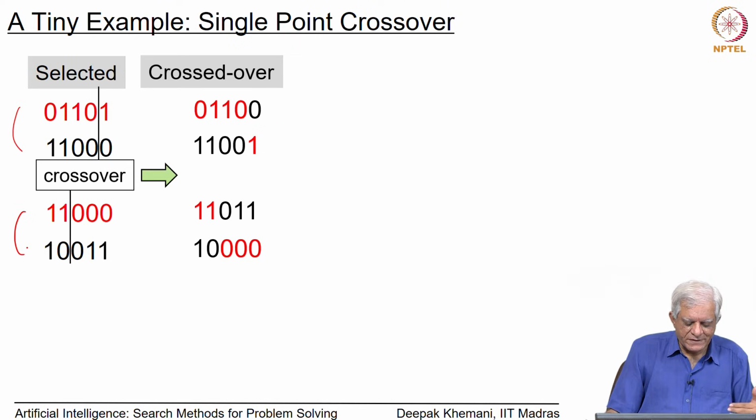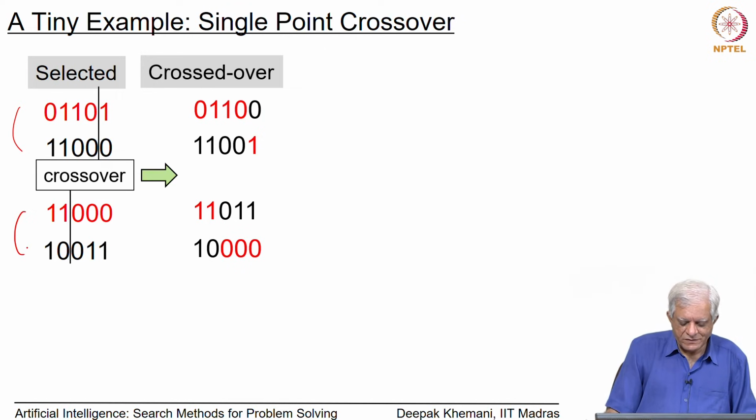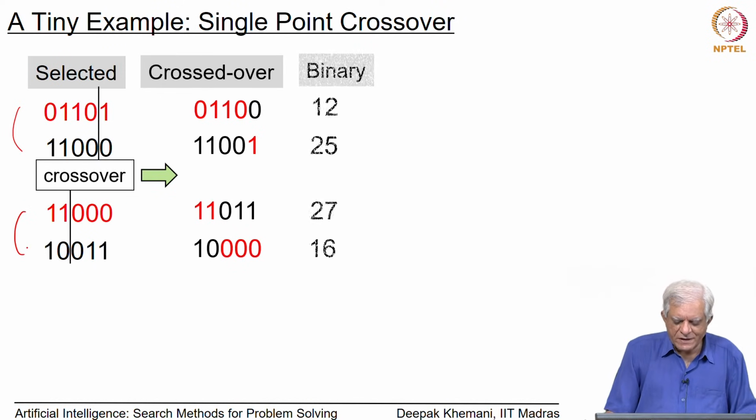Parent 1 in both the sets is red, and parent 2 in both the sets is black, and you can see that each of the children is a combination of red and black split across the points that we randomly chose. Let us look at this population.